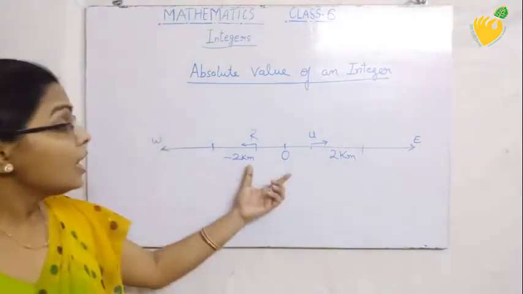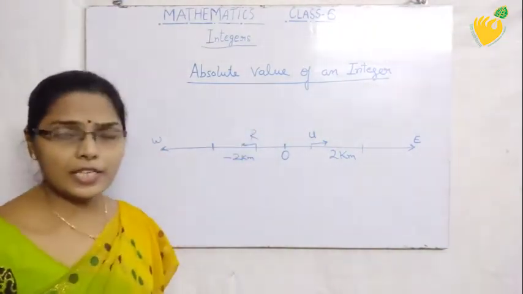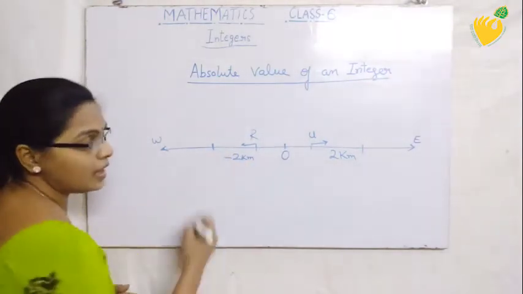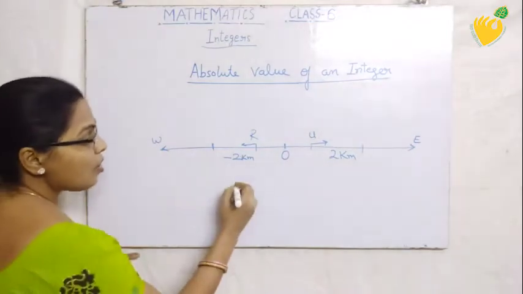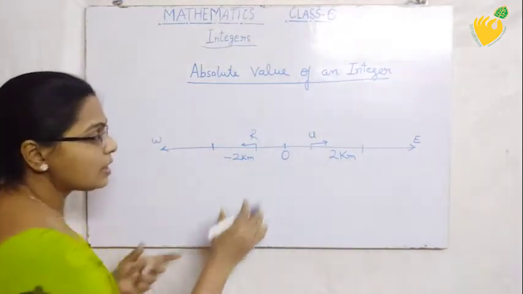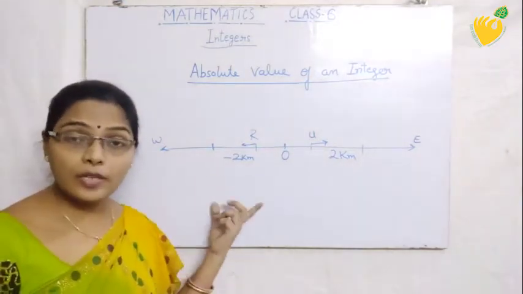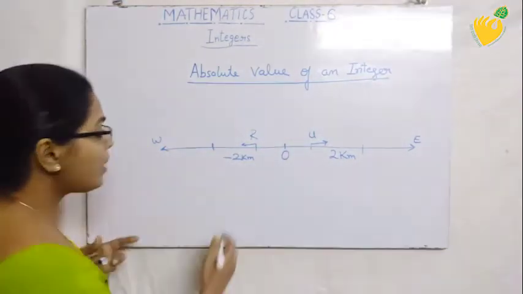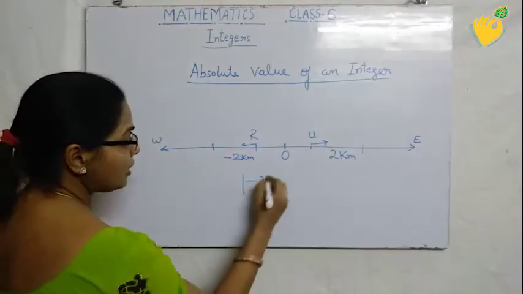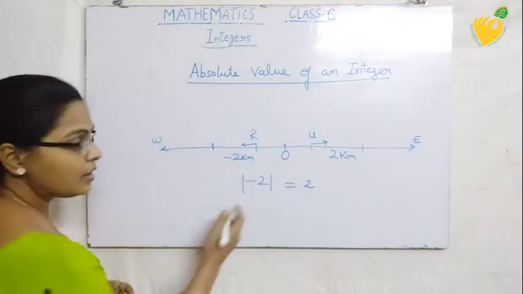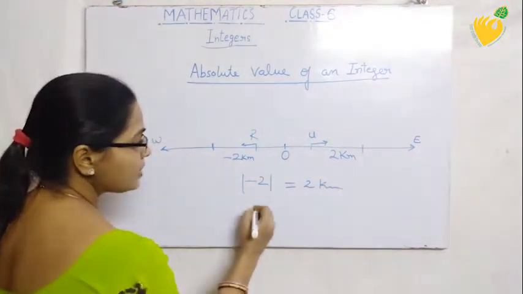But our absolute value of an integer says we will not consider the sign in the distance, because if we take the distance covered by R as minus 2, this means that she has covered no distance, isn't it? That's why in this type of case we take the mod of this minus 2. That means R has covered 2 kilometers.